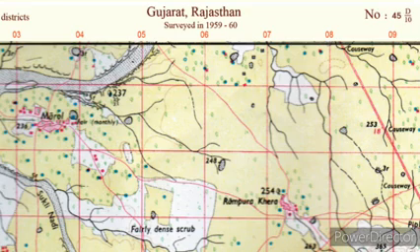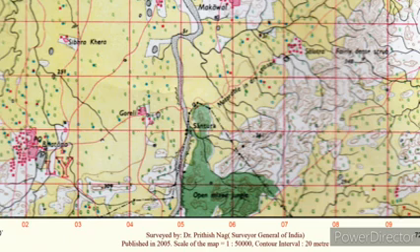The large scale maps generally explain the details of smaller areas, and the small scale maps always give the details of larger areas. Generally, these topographic maps are known as topo sheets.